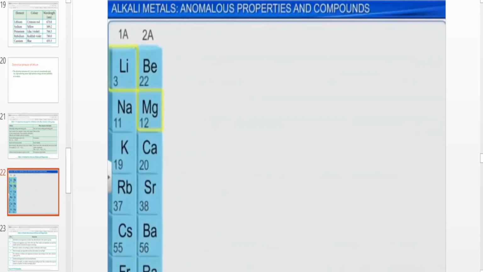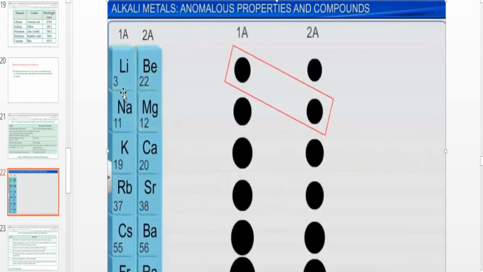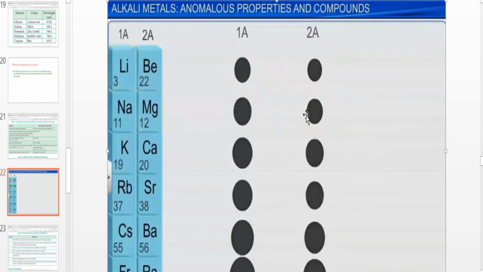Let us study the difference in behavior of lithium and magnesium. Diagonal relationship. This lithium belongs to the first group and magnesium belongs to the second group. There are similarities in behavior between the first group lithium as well as the second group magnesium.